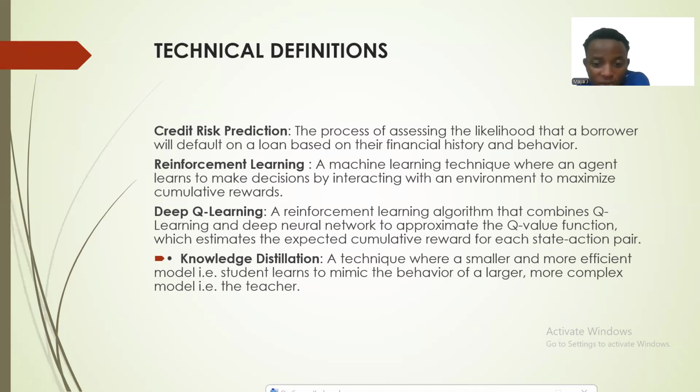Then knowledge distillation is why I'm talking about the teacher model. We have two models: the teacher, which is more complex, and the student, which mimics the behavior of the teacher. The student is believed to make better predictions, and it is learning from the teacher.